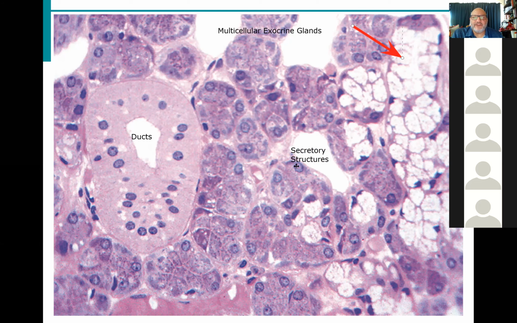Remember, one of the things we talked about is mucin. The protein mucin typically doesn't bind to stains. So cells that have a lot of mucin in them are going to be much lighter in color. So these are the cells that produce the mucin part of our saliva.